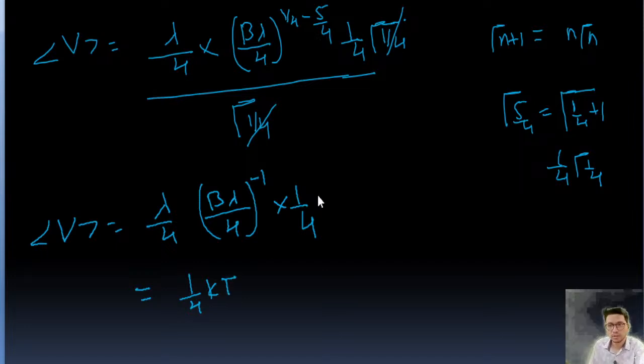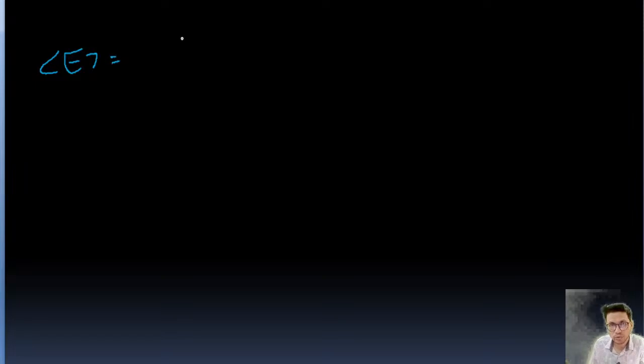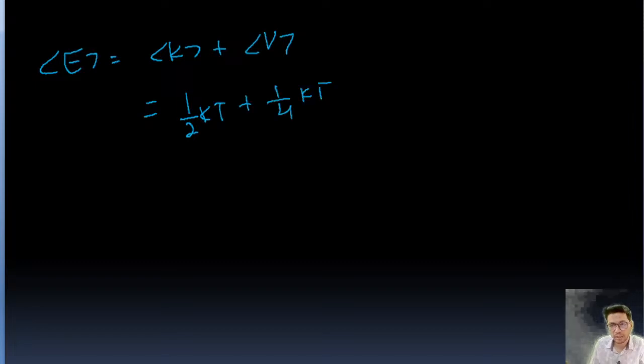Okay, very good question. Now what we are going to do is, the average energy is going to be kinetic energy plus potential energy, right? So kinetic energy we already know is half kT, and this value is 1 by 4 kT. If you solve it, this is going to be 3 by 4 kT, and this is the answer, guys.